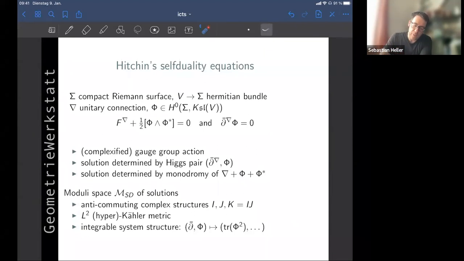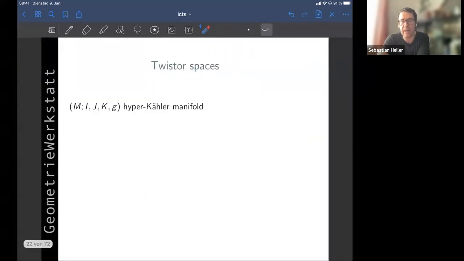The important point for us here is another construction by Hitchin with some collaborators, namely the twistor space construction for hyper-Kähler manifolds. This works generally if you start with a hyper-Kähler manifold, just a manifold M with a Riemannian metric which is Kähler for three anti-commuting complex structures.